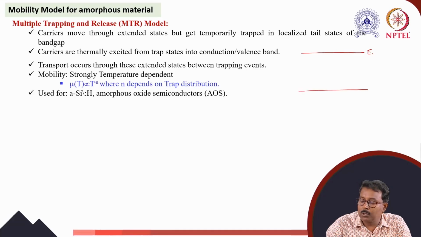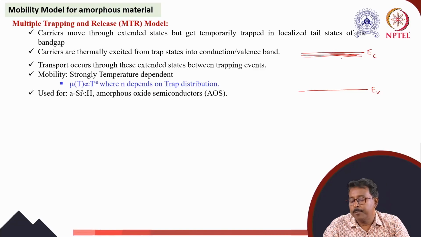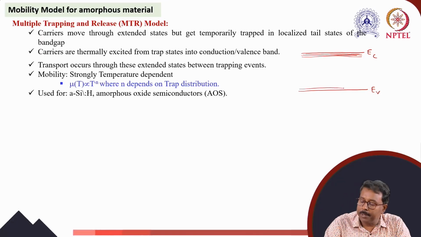But in between there are also several states due to disorder or defects. So these may be the states which are also present near the conduction band edge or near the valence band maxima. So these are extended states.